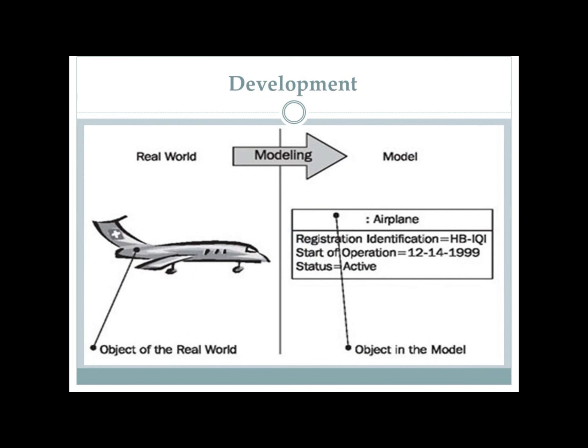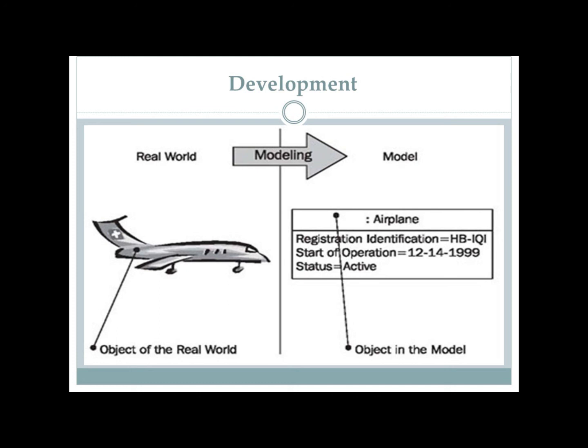And this is what we are discussing, the development of the real world entity into the model based on the object oriented paradigm. In the picture on your screen, you can see there is a real world entity which is given in the form of a plane.